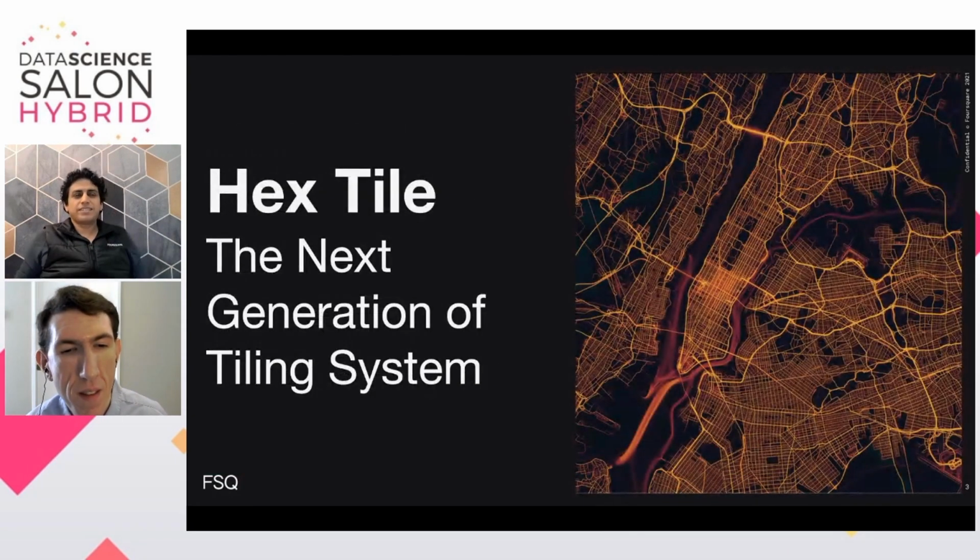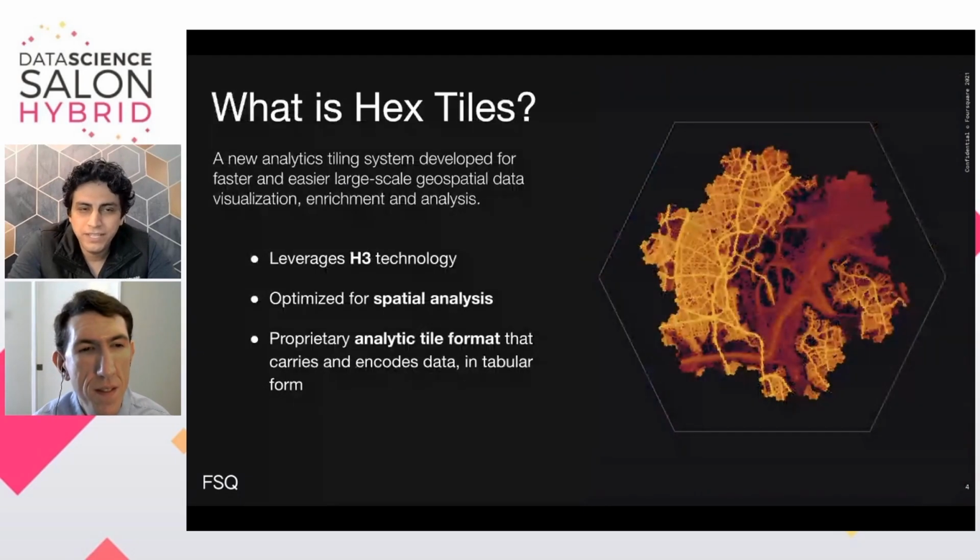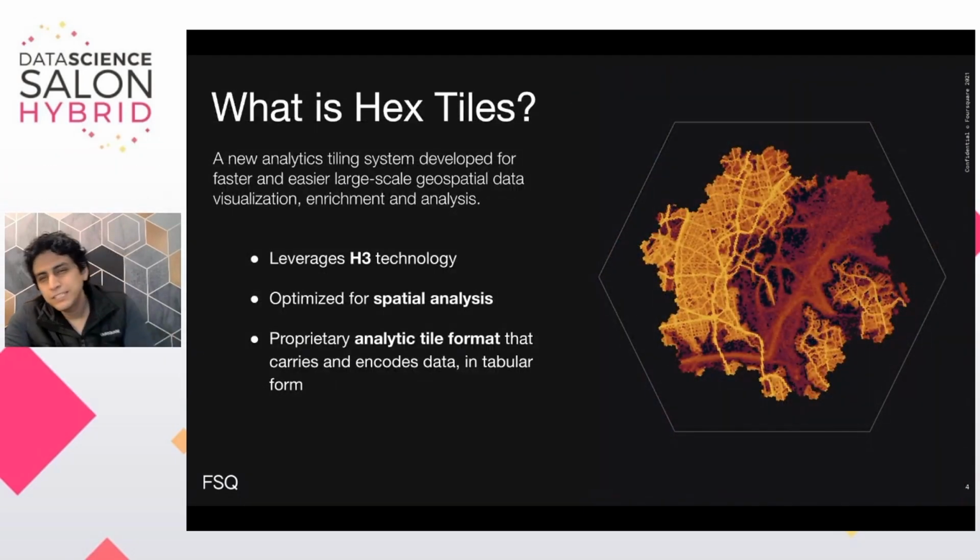Thanks, Isaac. And with that, we're excited to launch Hextile, the next generation of tiling system. So what is Hextile? Hextile is an analytical tile that is built on top of H3, an open source project developed by Uber. H3 was designed for spatial indexing purposes.